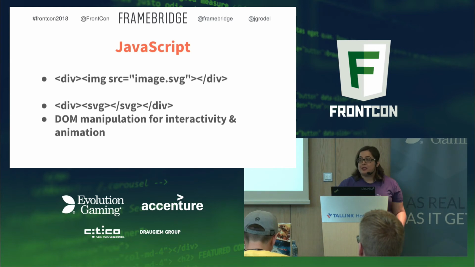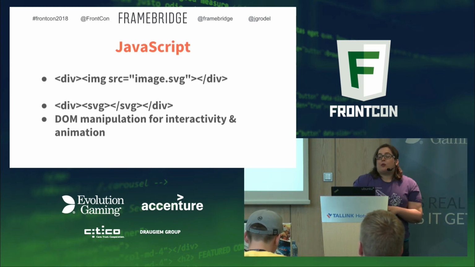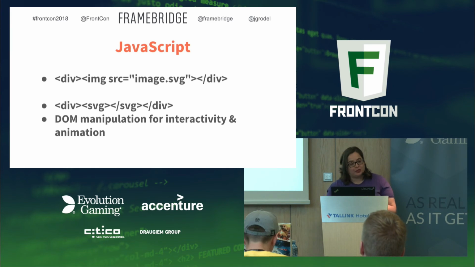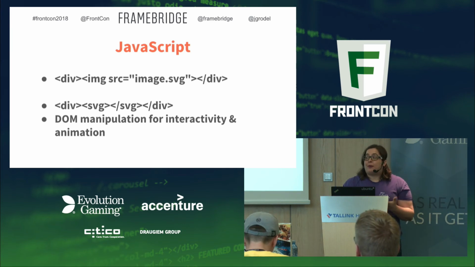I'll have more elements inside of that, circles, rectangles, paths, lines. And when I do that, those elements become part of my document object model, my DOM, the API we have in our browsers to use JavaScript to change the content of our files. And with that, we can start to bring a lot more interactivity and animation into our SVGs that we wouldn't be able to do with just styles.